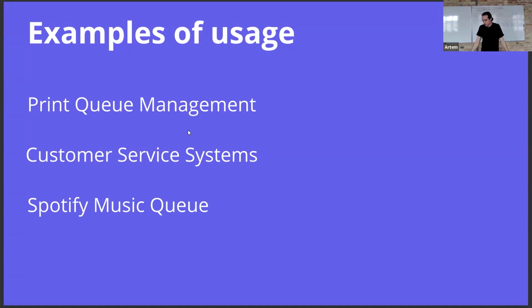Another example is Spotify music queue. You go through your playlist, you add some tracks in queue, and you will listen to these tracks in the order you added them.